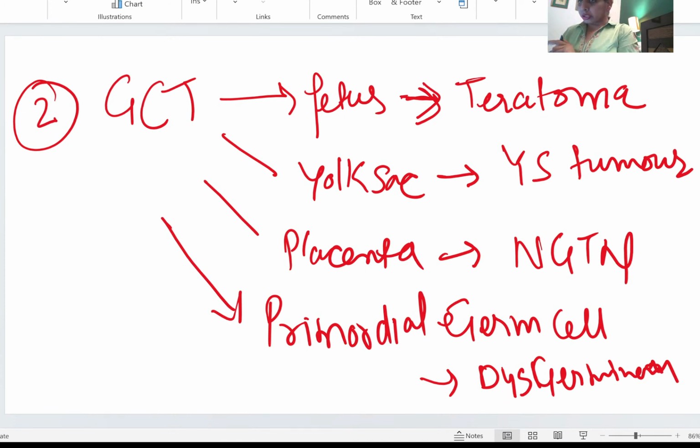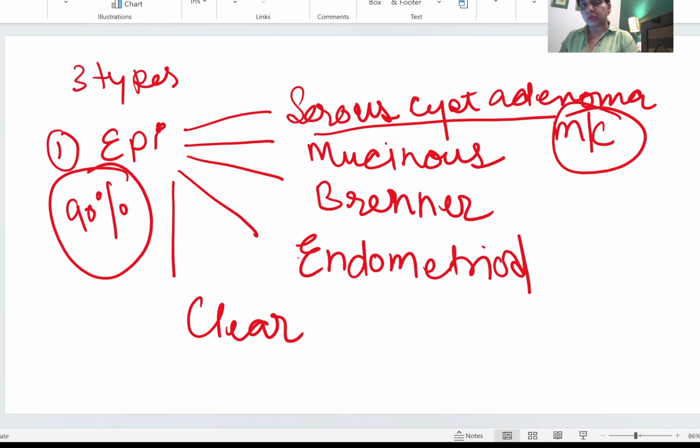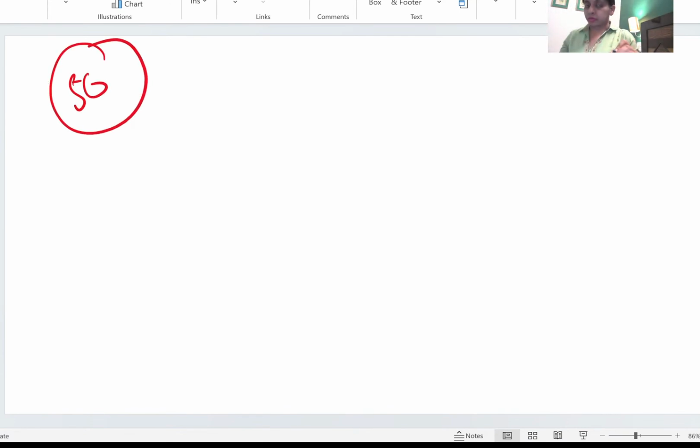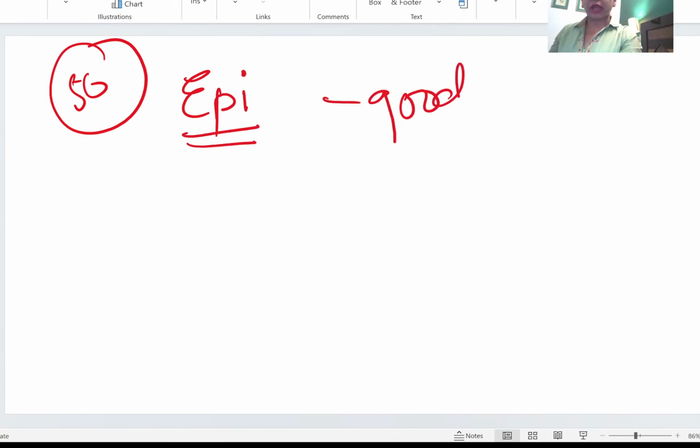Next question is 50. Regarding dysgerminoma, all is true. Among all of these, only epithelial ovarian tumors have a good prognosis. Among all the ovarian tumors, epithelial has a good prognosis, and the rest all have a bad prognosis.